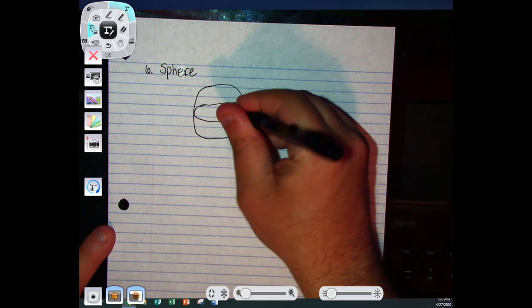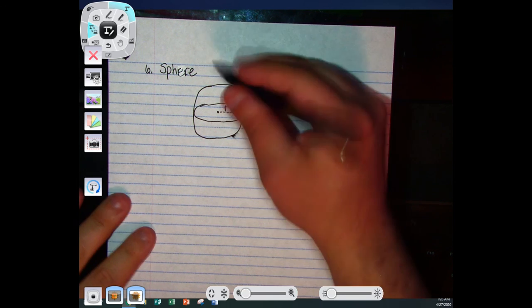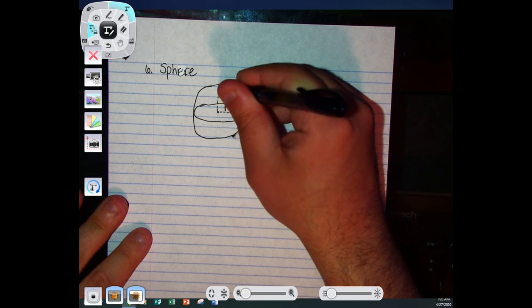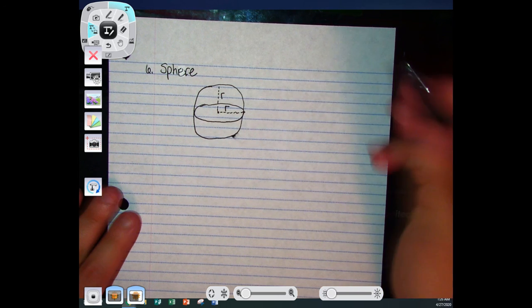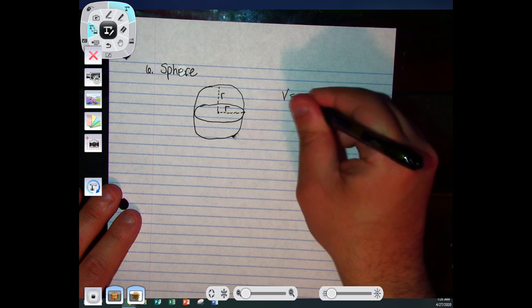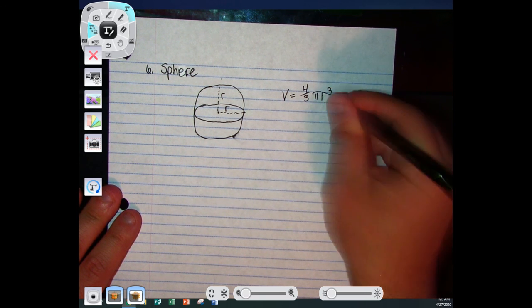As long as I have the radius, I can find the volume. They could give you the radius in quite a few ways, and it just depends on how they give it to you. It doesn't matter. If I know the radius, the volume of a sphere is 4/3 pi r cubed.